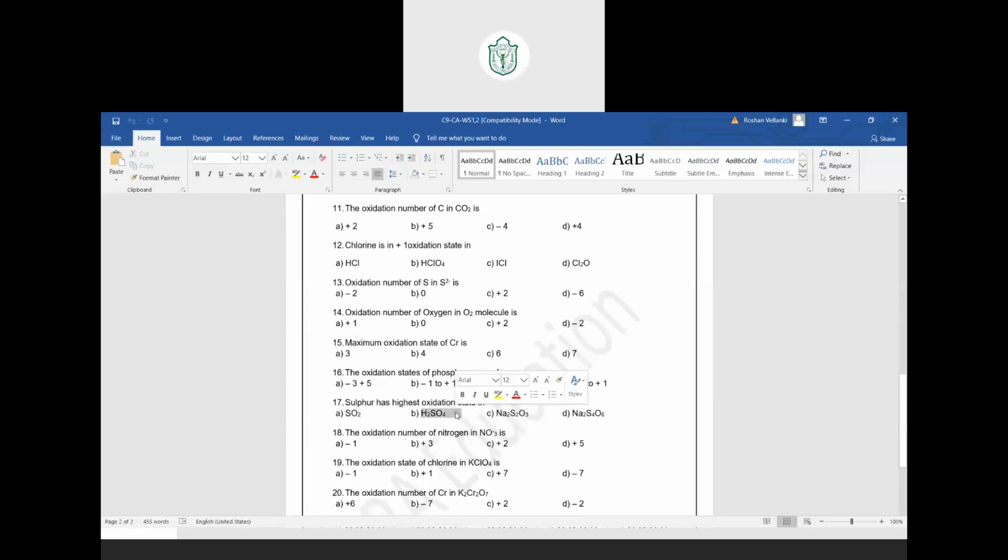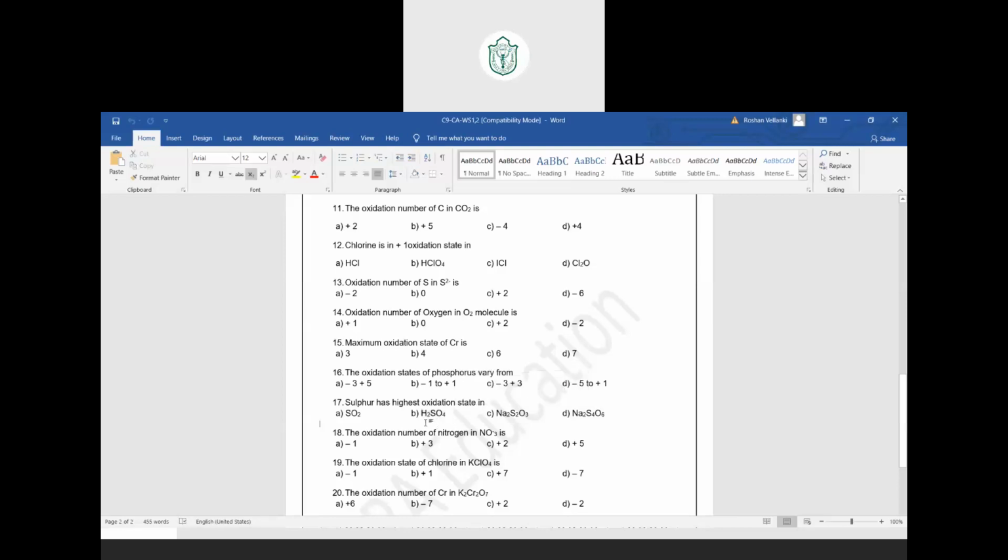Sulfuric acid. What is the expression? Plus 6, sir. Mayukrit is saying +6. Okay, look at the expression: 2 plus x minus 8 equal to 0. Is it clear?